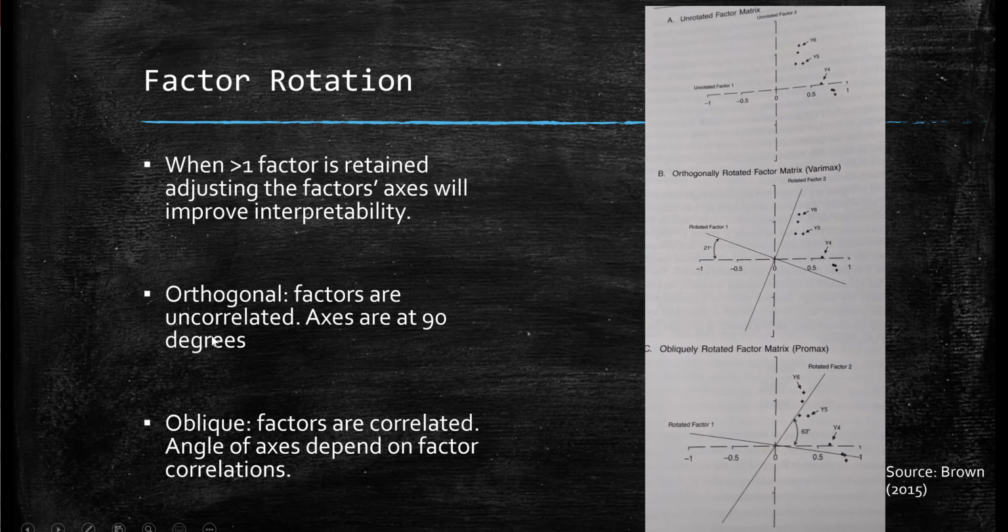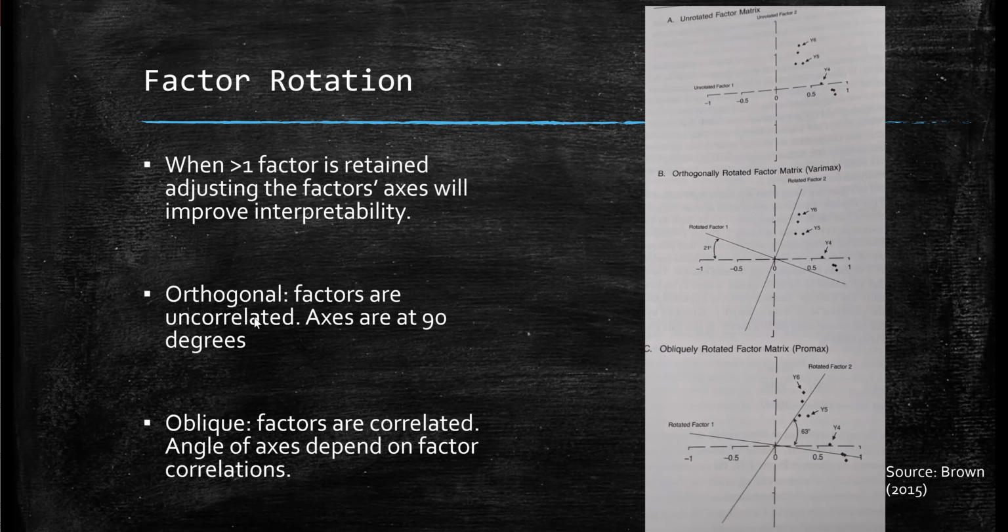So in an orthogonal solution, the axes of the factors intersect at 90 degrees, whereas in oblique solutions, the axes of the factors intersect at different degrees depending on the factor correlations. And there are various subtypes within orthogonal and oblique.